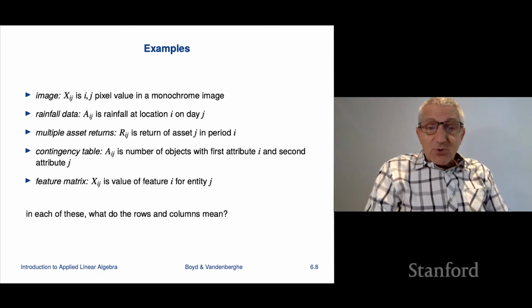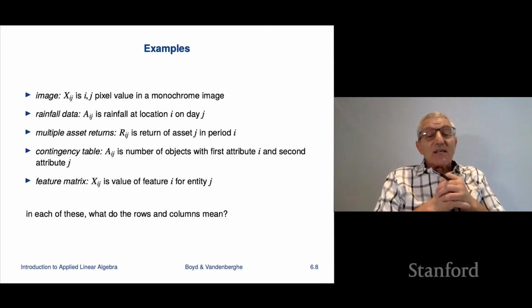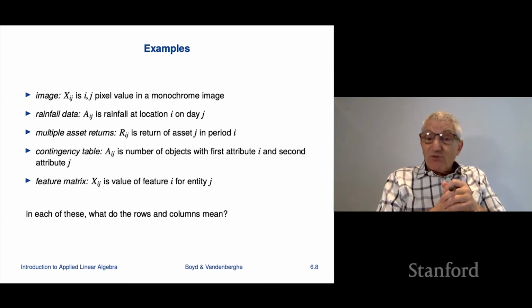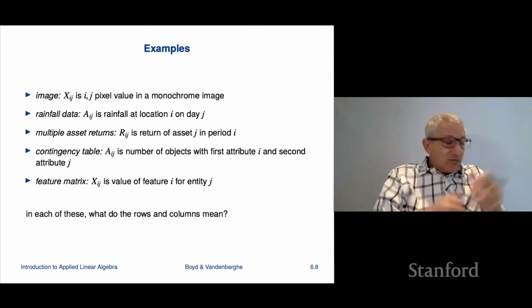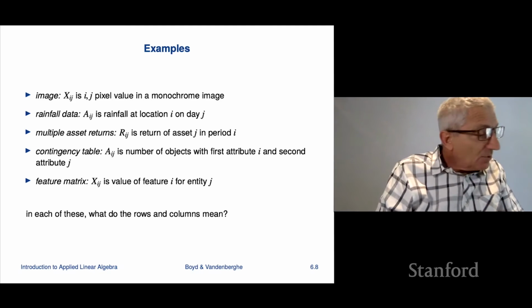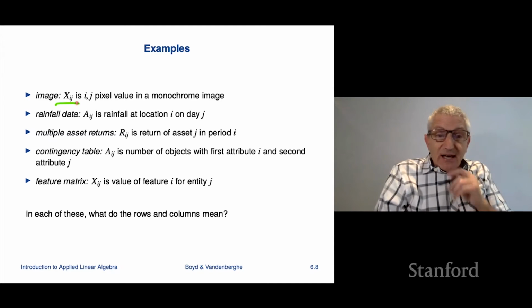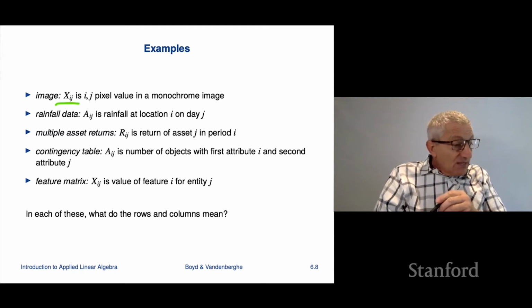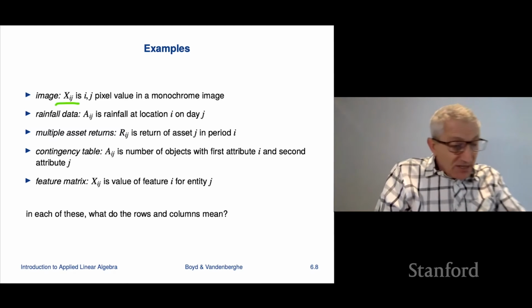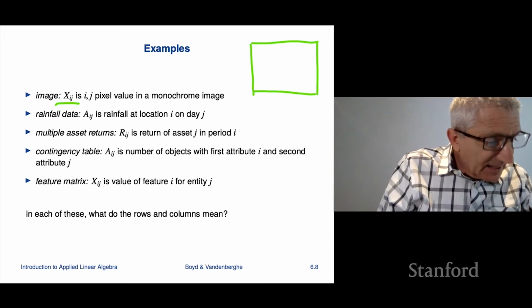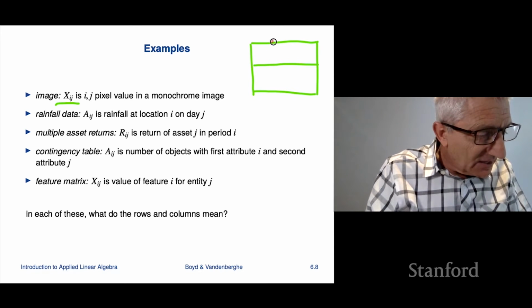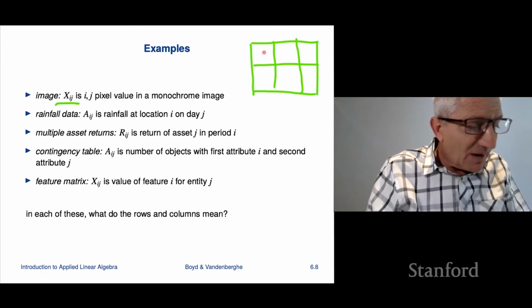Okay, so let me just quickly give you some examples. You're going to see a whole lot more before the book is over, but just to give you a rough idea of where matrices come up. Here's a natural one, an image. An image is chopped up into pixels, and here, this is a bit silly, but here's something which has 2 by 3 pixels.